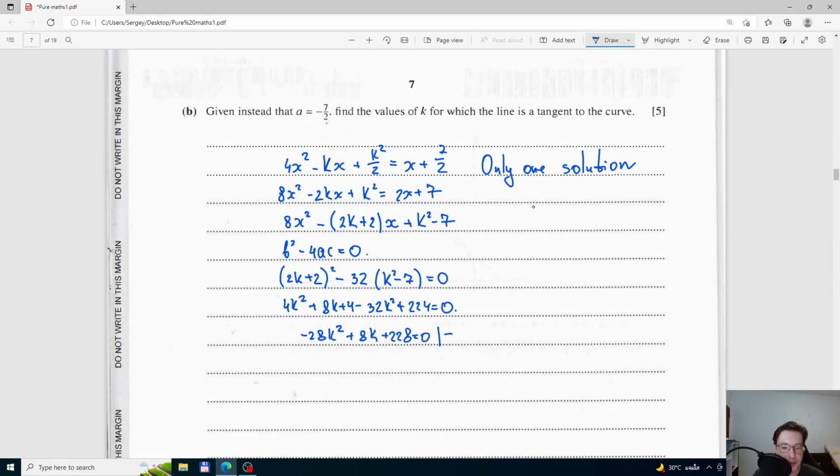To make things easier, I'm going to divide by minus 4 and I will get 7k squared minus 2k minus 57 equals 0, and that's the quadratic equation for k.